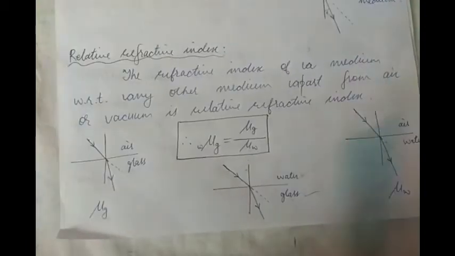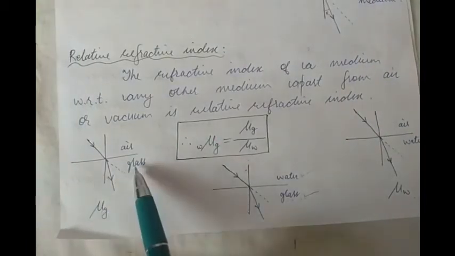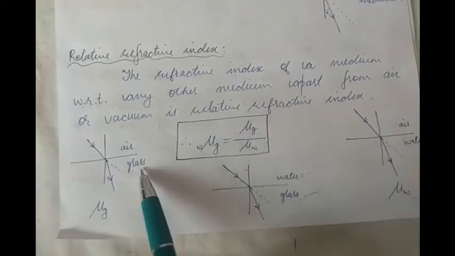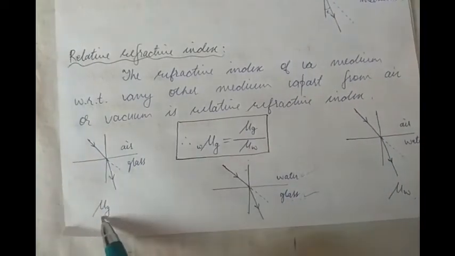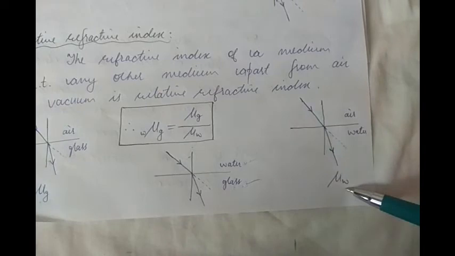Now, let us consider this case. Say for example, the refractive index of glass with respect to air, that is the absolute refractive index of glass, is mu g, and likewise the absolute refractive index of water is mu w.